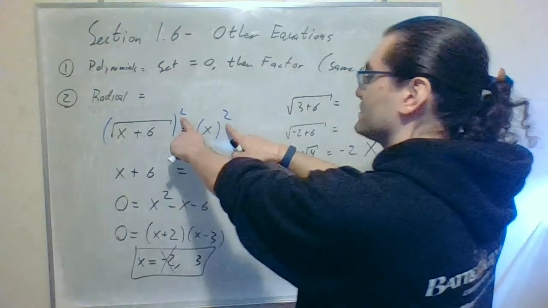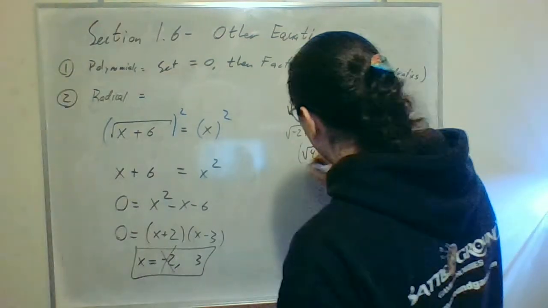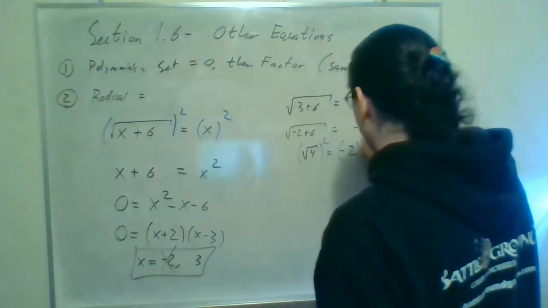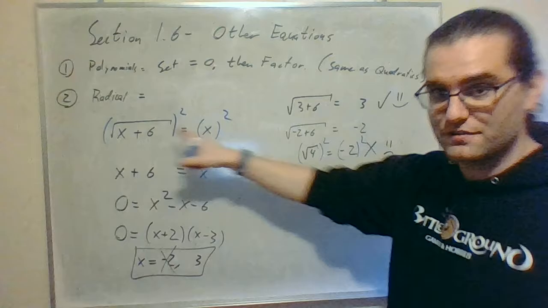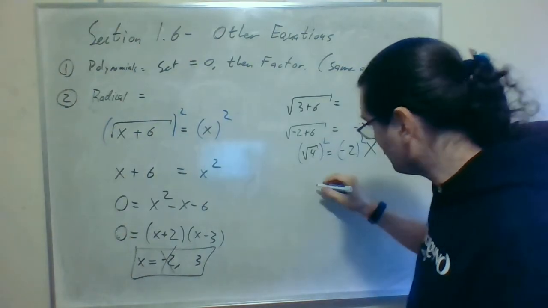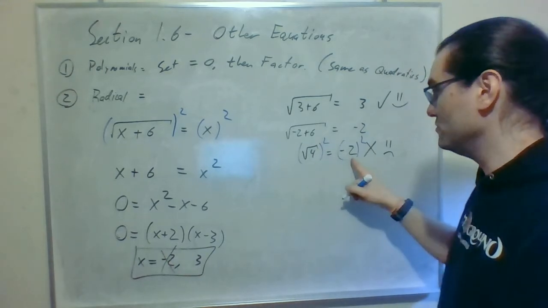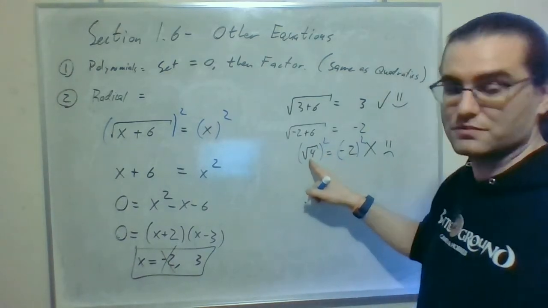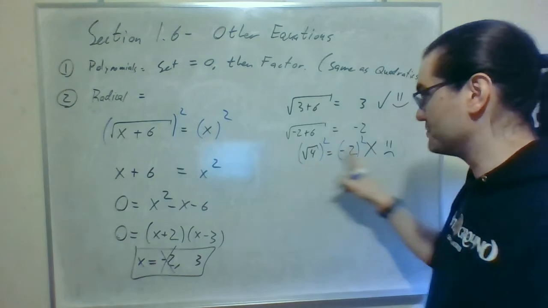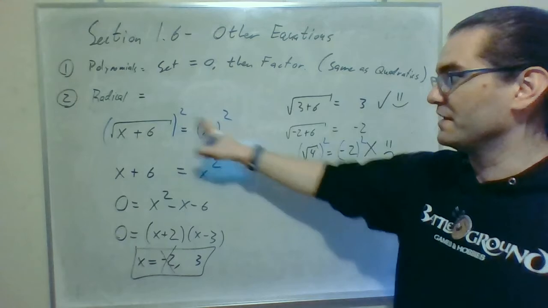Once you square this equation, like if you square both sides of this, like we did in the first step of solving this, then it becomes true. If you square the negative 2, then it equals this. Both sides become positive.